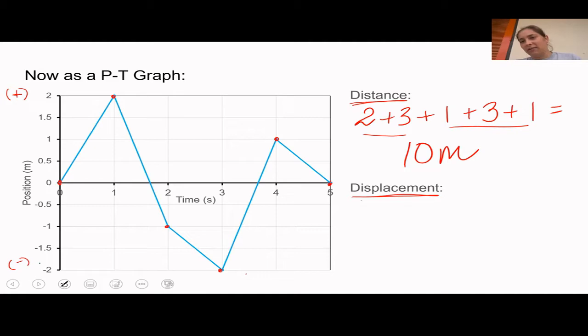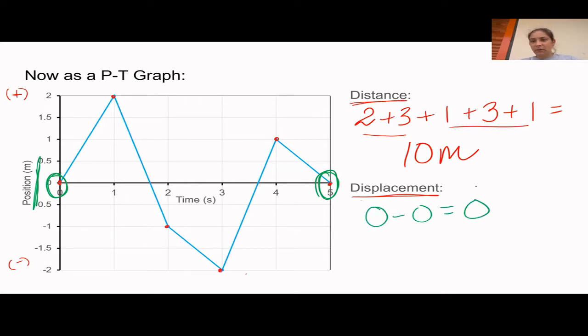How far are you away from your starting position at the end? Well, our starting position was 0. Our ending position was also 0. See, position is our y-axis. So what was the difference? Well, 0 minus 0 is 0. So our displacement is 0 meters, which is exactly what we got when I was walking back and forth on the number line.